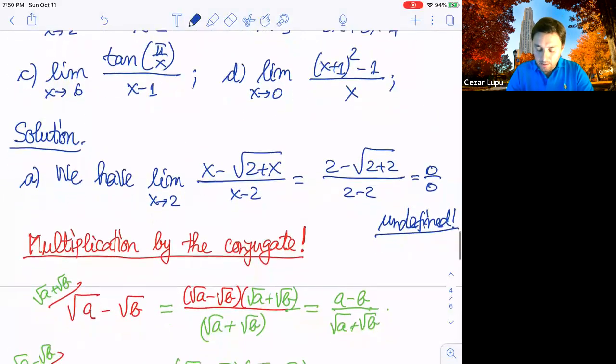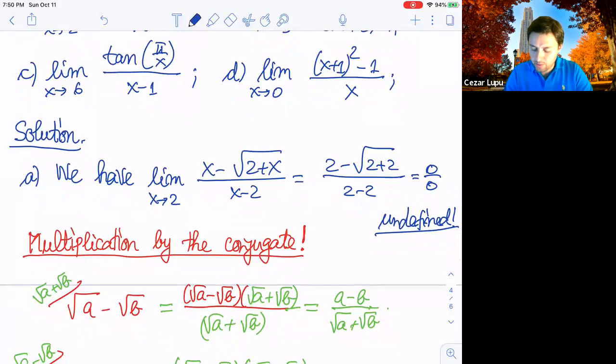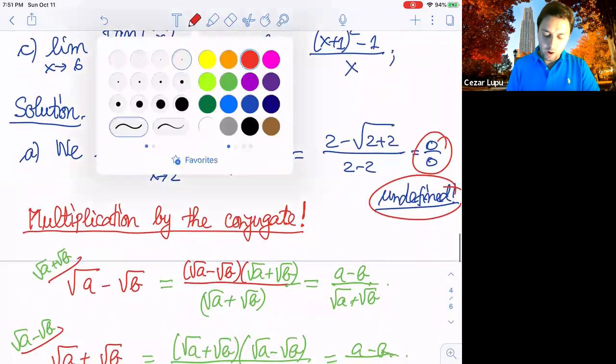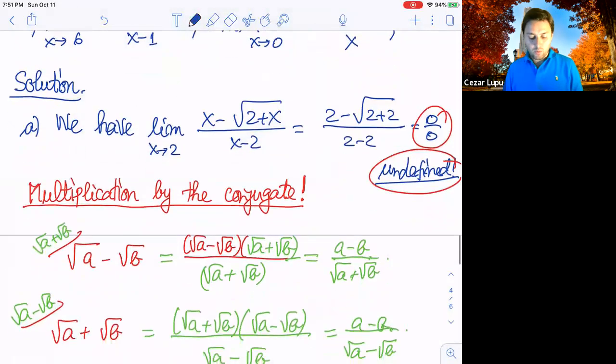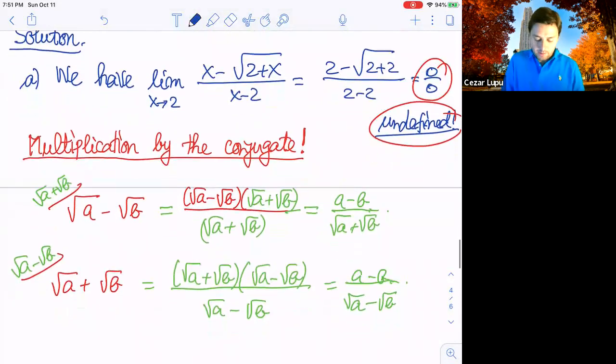Now, let me go back to our problem. As you can see, I have this undefined here, right? So this is 0 over 0. And now what we're going to do, we should multiply by the conjugate.